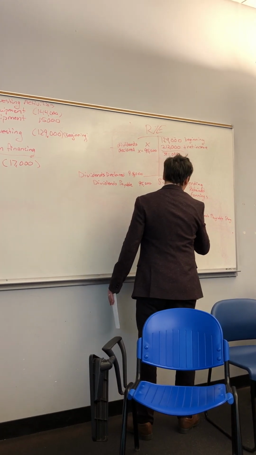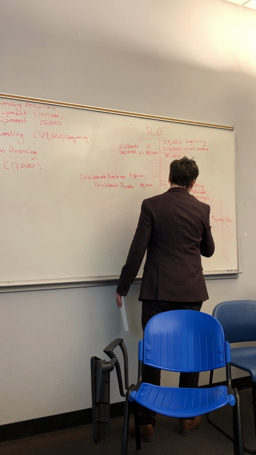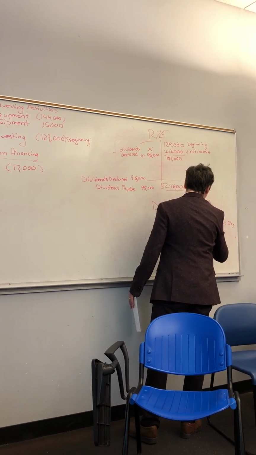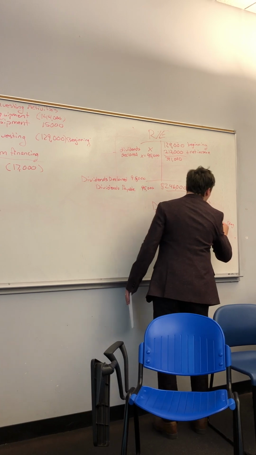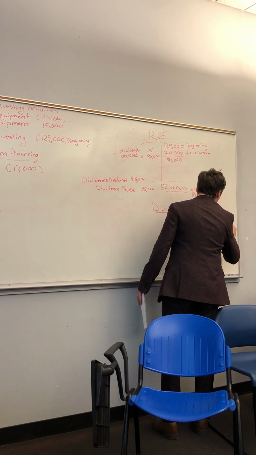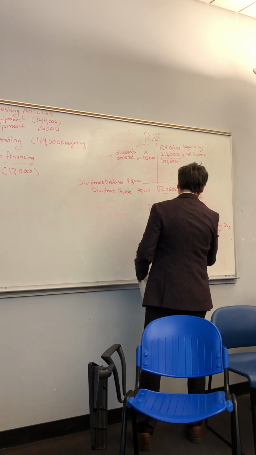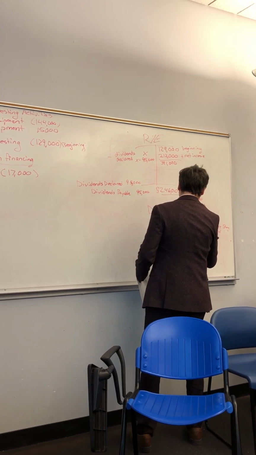So here we declared 95,000 worth of dividends, and that ends up being $117,000.